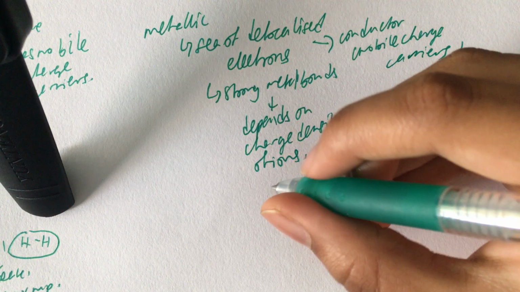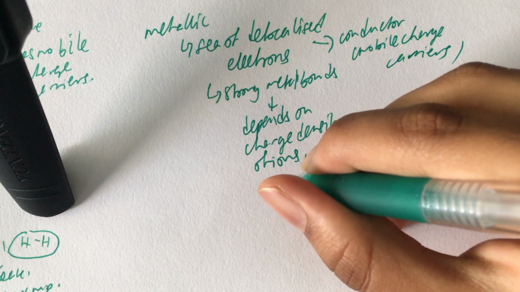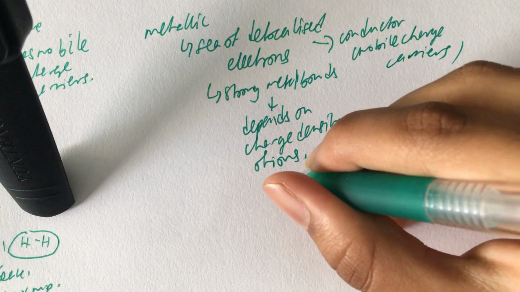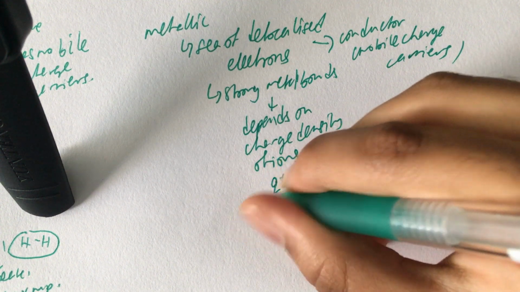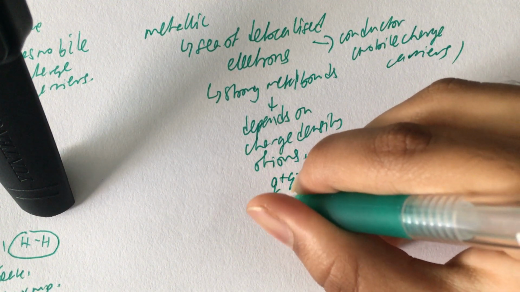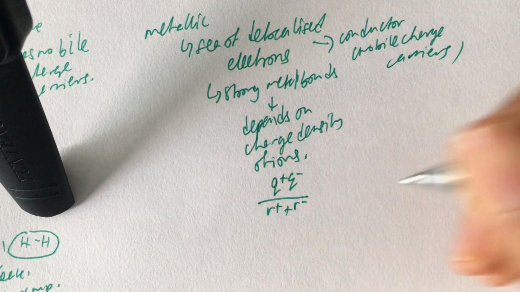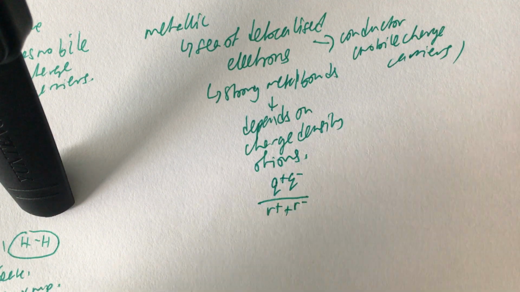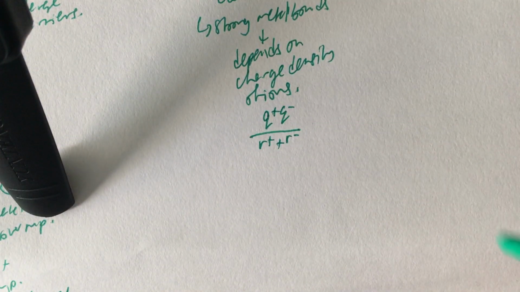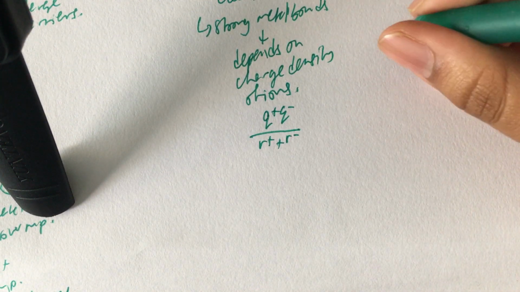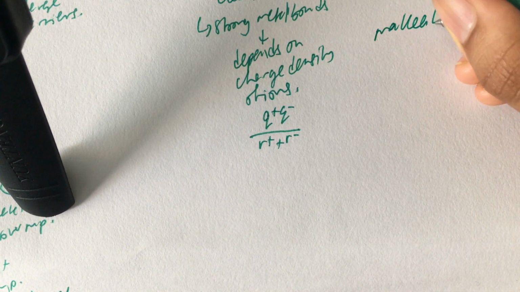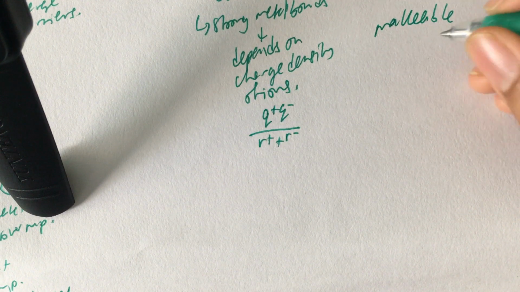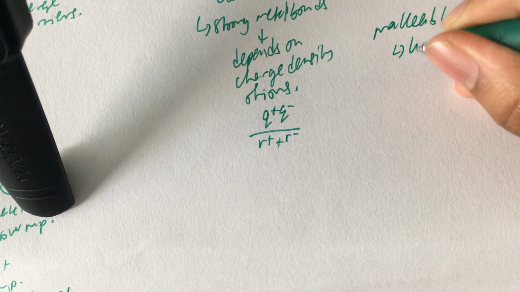The malleability comes from the fact that metallic structures are just a whole bunch of positive ions. The positive ions kind of repel each other. So when you hit one side of it, it easily slides. They don't have a physical connection with each other. They only have an attraction to the electrons in between them. So it's very easy to bend it into other shapes.